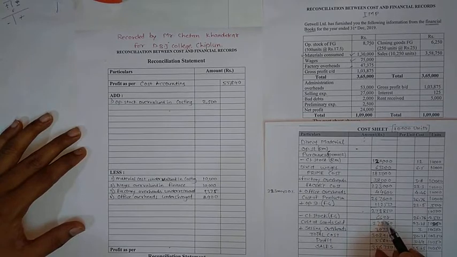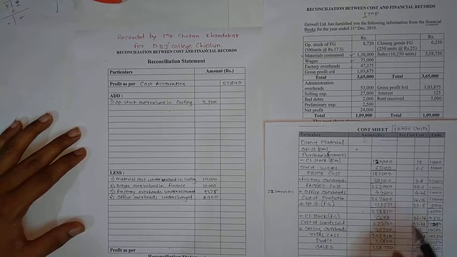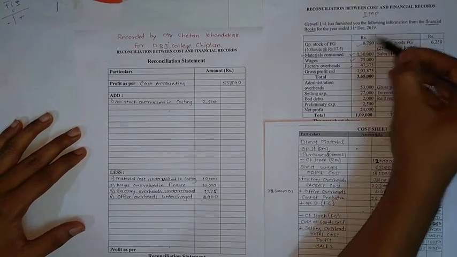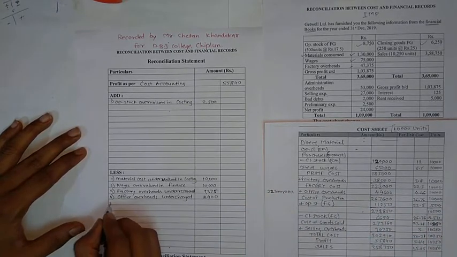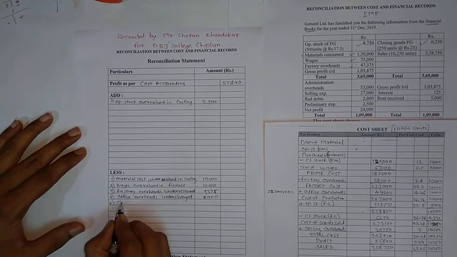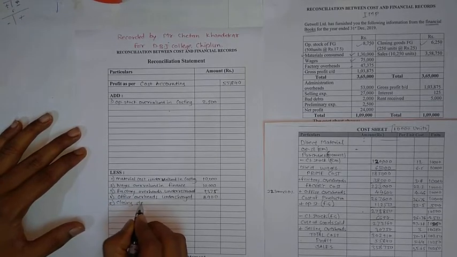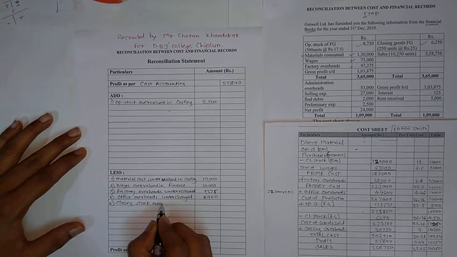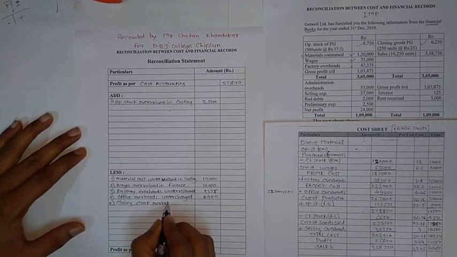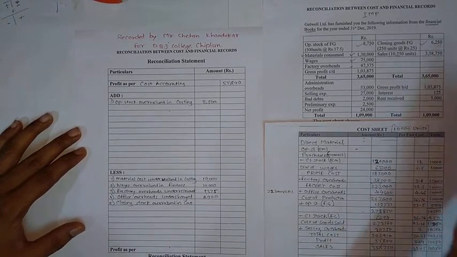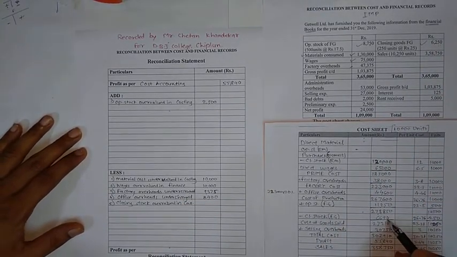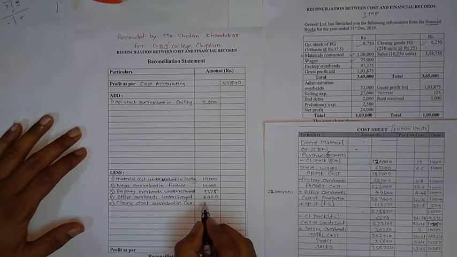Then closing stock of finished goods is 6,690 and 6,250. So this closing stock is also overvalued in costing. So when it is overvalued in costing, it is deducted. Amount 6,250 and 6,690. Difference is 340.